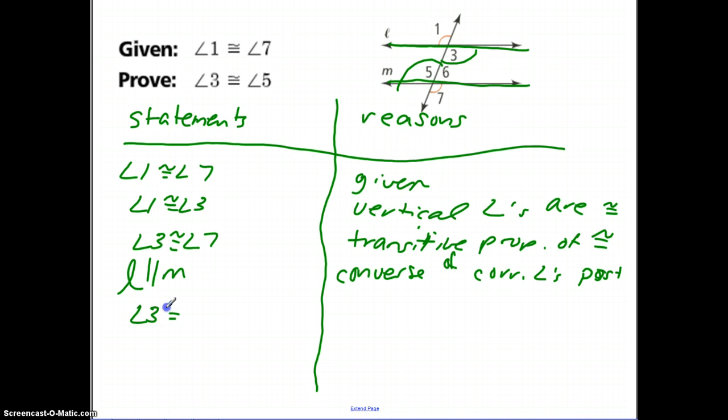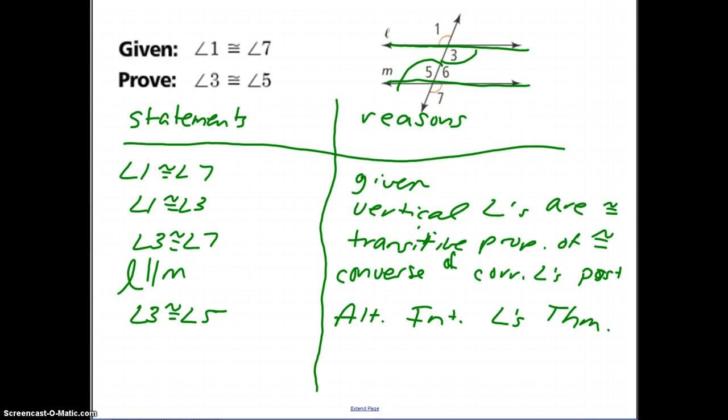So I know that angle 3 is congruent to angle 5, and that is because of my alternate interior angles theorem. Now, notice I didn't use the converse this time. The converse will let you know that your lines are parallel. Once your lines are parallel, then you know all of your angles are congruent or supplementary based off of your theorems. I hope that makes sense.